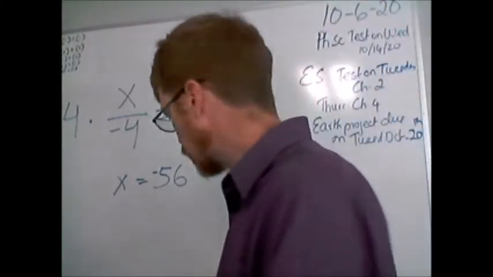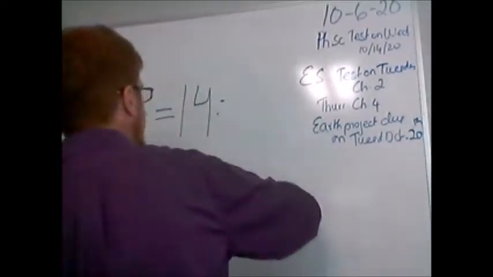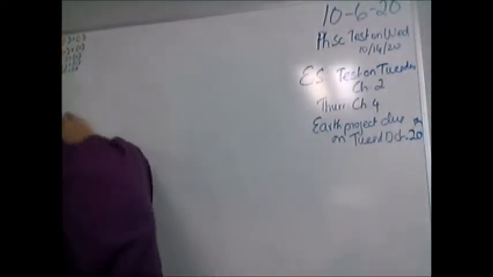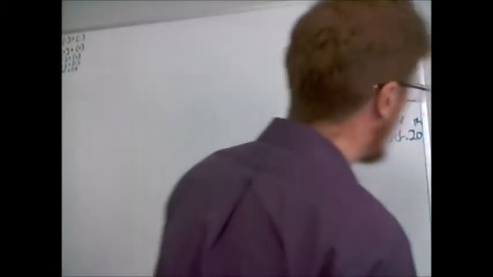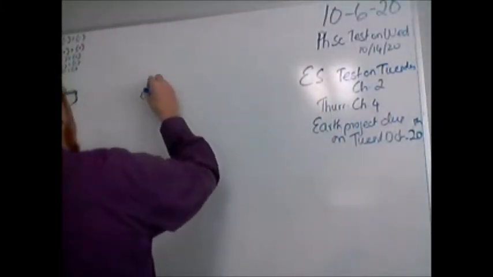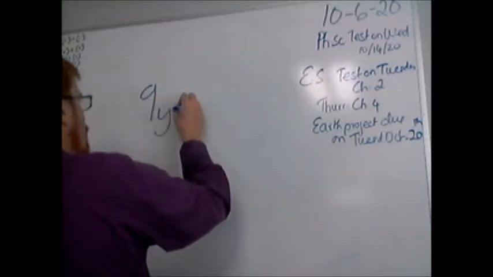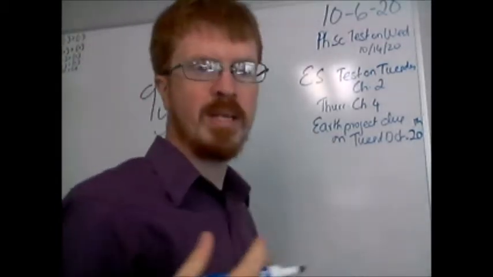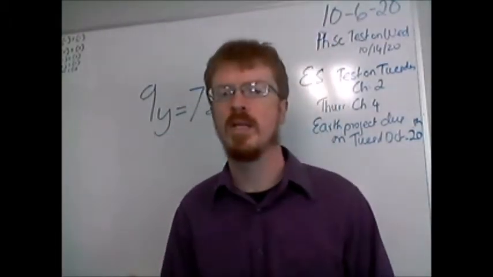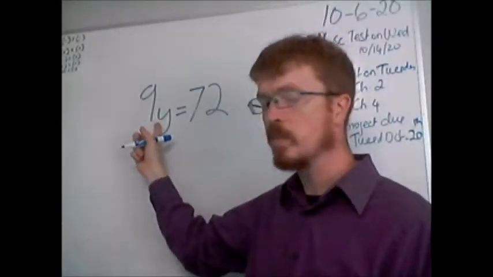This one is dealing with division and multiplication. Again, they undo each other. So you have 9 times y, or 9y, equals 72. If you were in the class here, I'd ask you what is taking place here. This is multiplication.